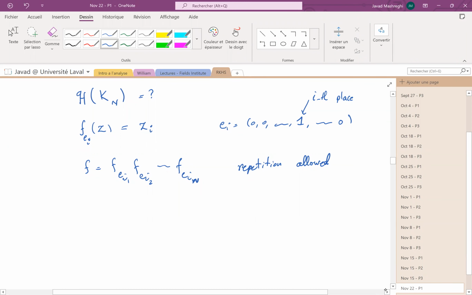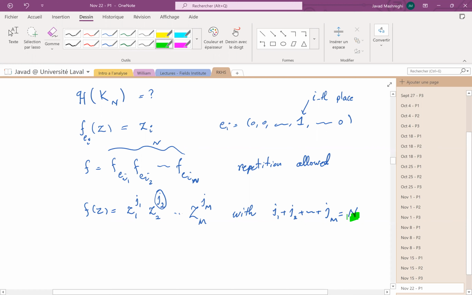And when you evaluate F at the point z, you see that it's of this form: z1 to some power, z2 to some power, and the power is the number of times that e_2 is repeated here, up to zm to another power, with the restriction, of course, that j1 plus j2 plus jm is equal to n, because the theorem tells us to multiply n of them together.